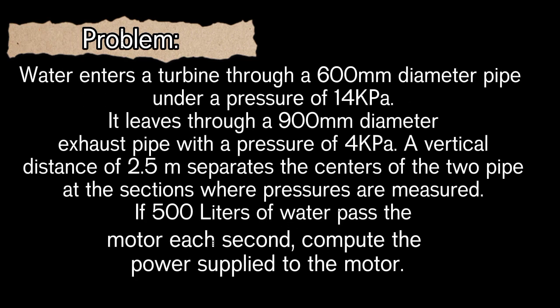Now, in order for us to apply our discussion, we are going to solve a problem. Our problem is this: water enters a turbine through a 600 millimeter diameter pipe under a pressure of 14 kilopascals. So we're going to put our givens first in our diagram.